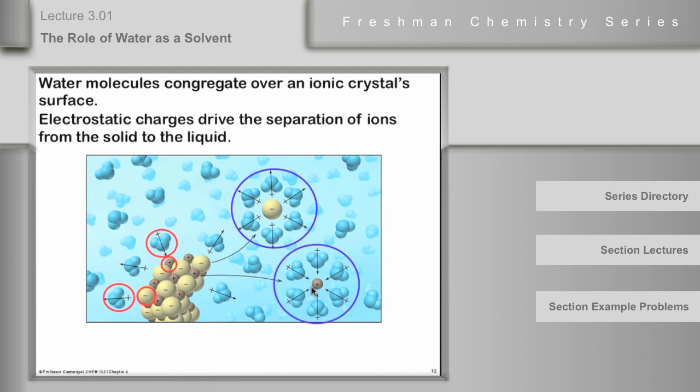This is the dissolution process. This is fundamentally what happens when you put an electrolyte in water. Okay? So at the atomic level, water is overcoming the attraction of these ions for their neighboring ions at the surface.